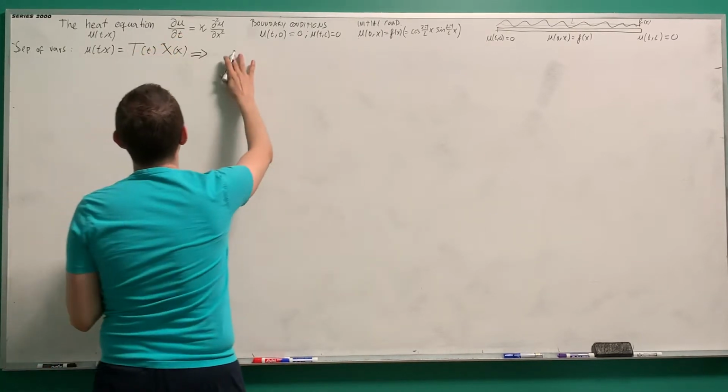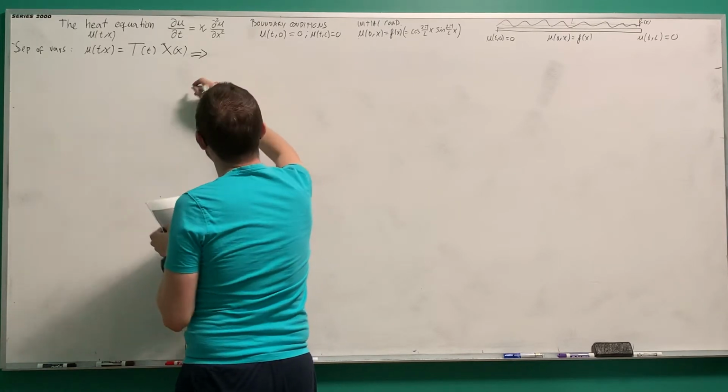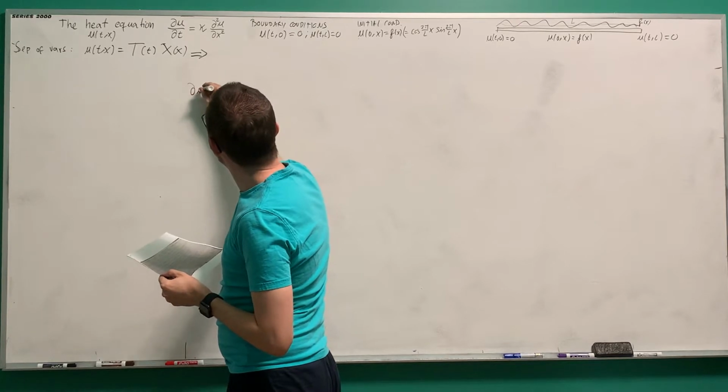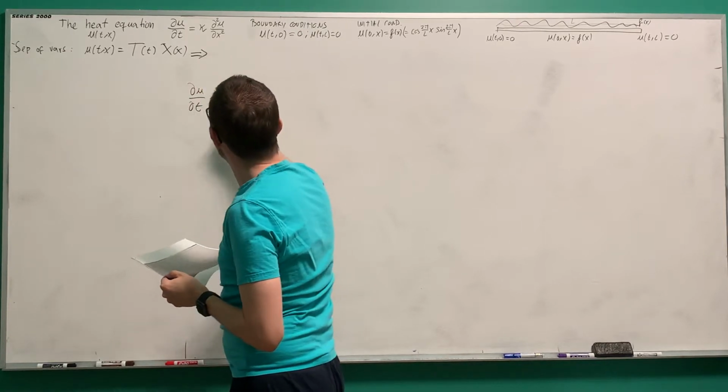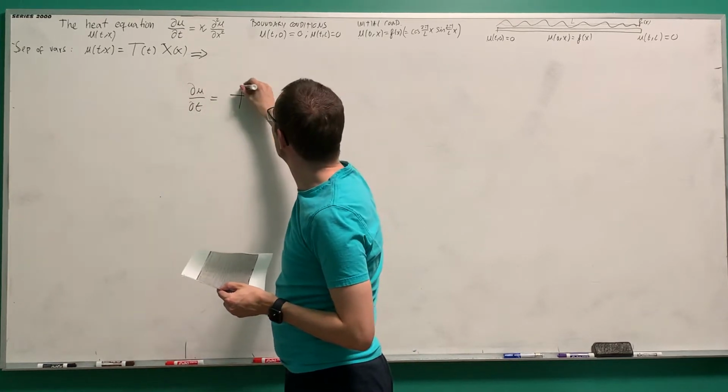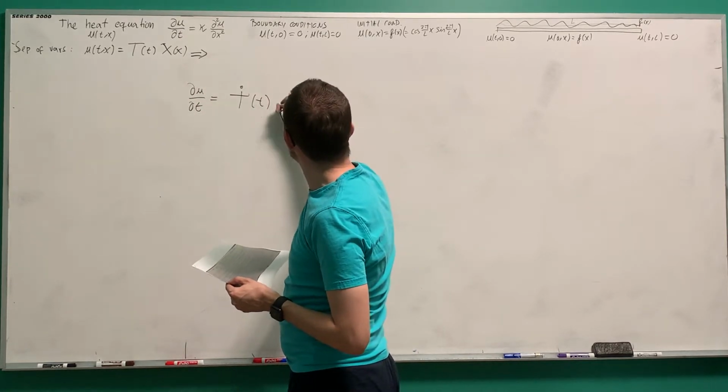And I get the following. So let's just write it here. I'm going to write it here and then erase it. So I have partial u, partial t. What is that? Partial u, partial t is going to be T dot of t times X of x.